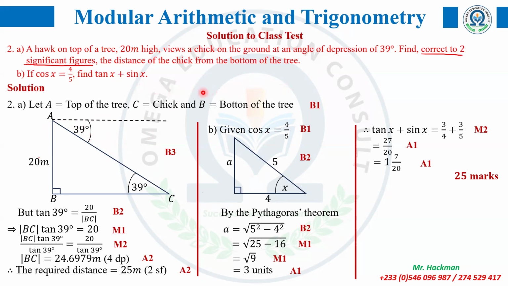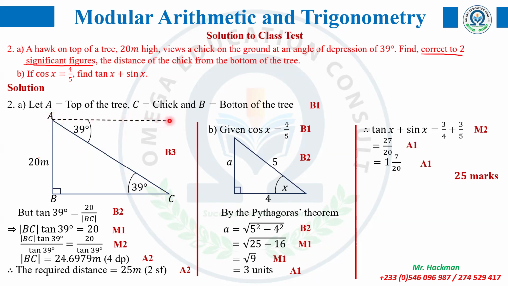That's the line of sight that you use to check whether you move up or down, for elevation and depression respectively. Originally you were on top of the tree, and you want to observe the chick, which is down. So originally this will be your line of sight, like your eye.